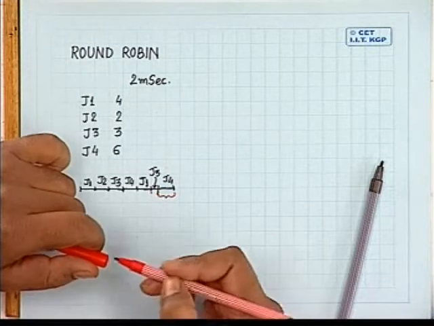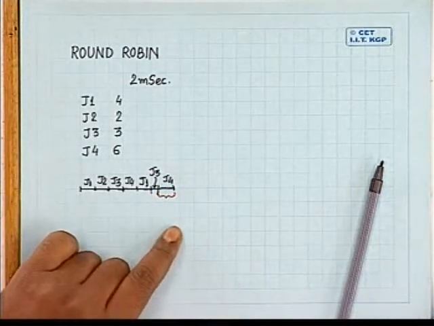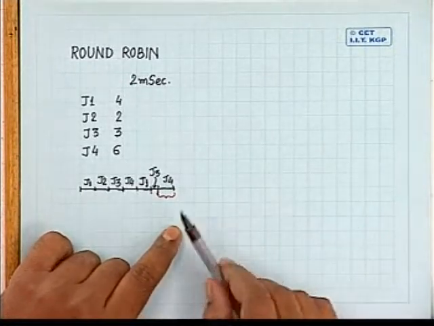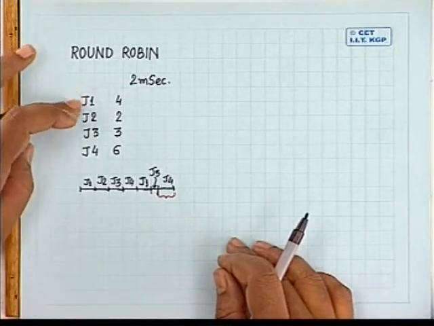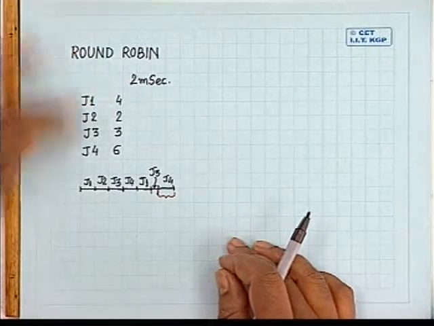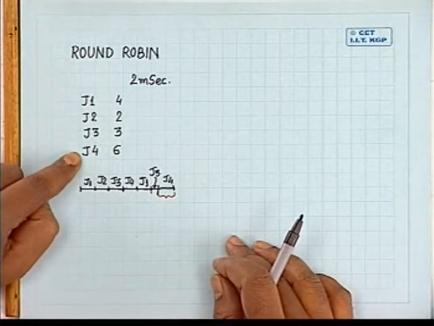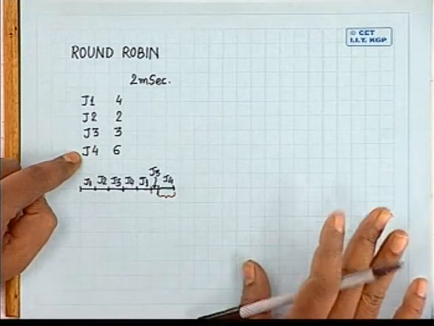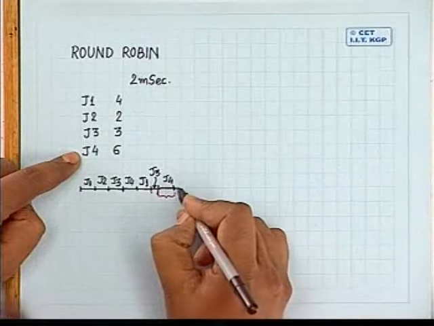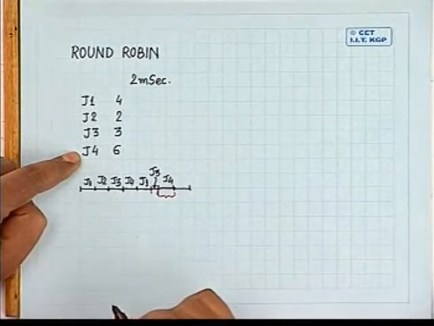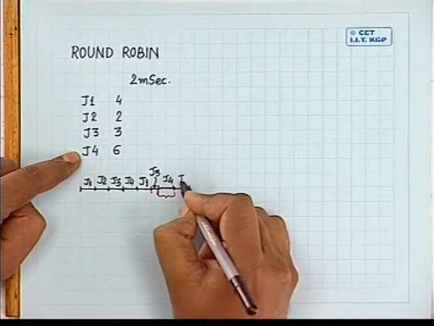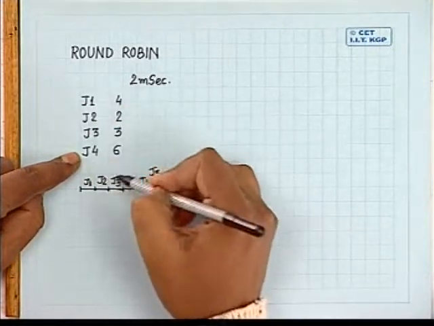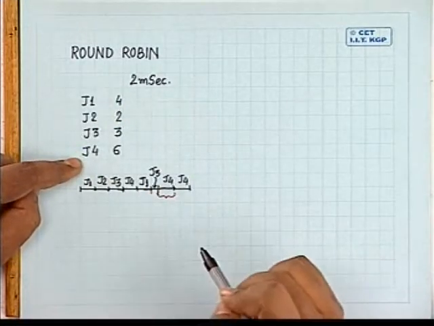So after completion of 2 milliseconds of the remaining CPU burst time of job J4, if I assume that there is no other job which has arrived in the ready queue in between, I have only one job left in the ready queue, that is job J4, waiting for its remaining CPU burst of another 2 milliseconds. So job J4 will be executed again for the remaining 2 milliseconds, and after that all the CPU bursts of all the jobs in the ready queue are complete.